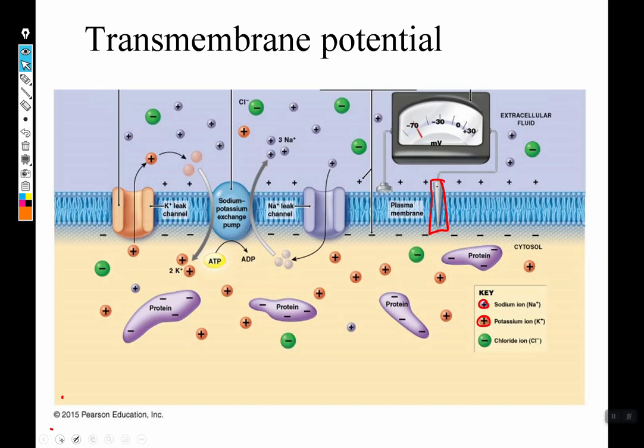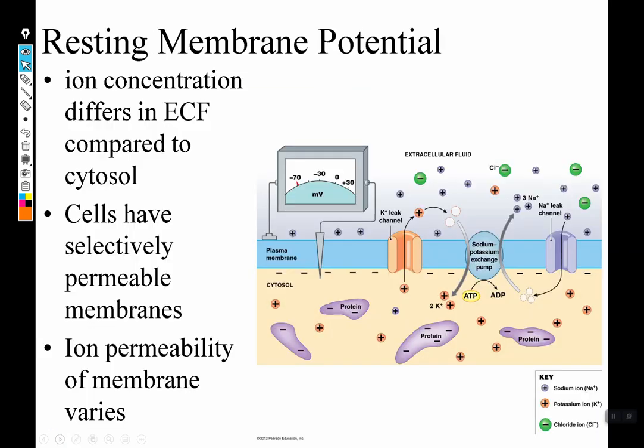In reality, many neurons have slightly different resting potentials depending on the cell, but if you ballpark them as a group, they tend to shake out to about -70 overall. So that's the reference number that we're going to use. So the ion concentration obviously differs in the extracellular fluid compared to the cytosol. That's the concept I just built up.